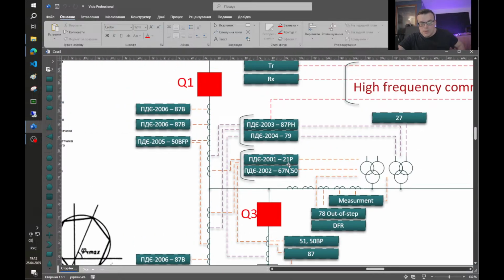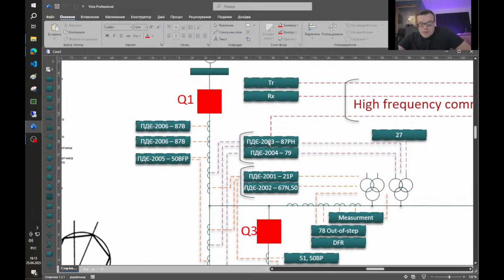For distance protection there was 2001, and it has only distance protection for multi-phase short circuits. 2002 is directional neutral overcurrent protection with instantaneous overcurrent. 2003 is what we call directional phase differential protection. I'll talk about it a little bit later.